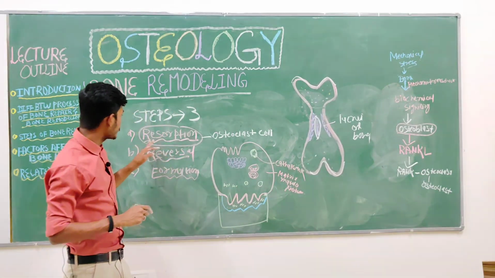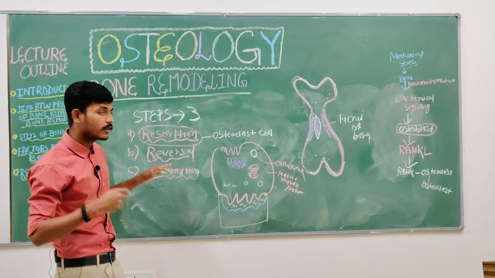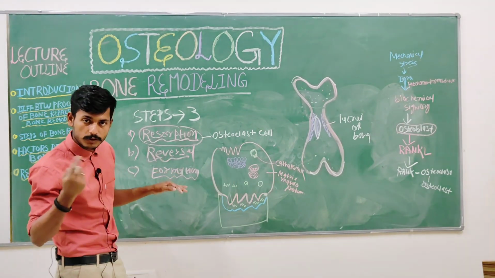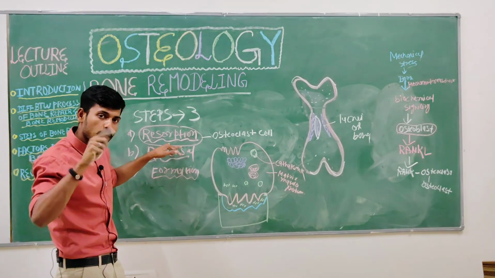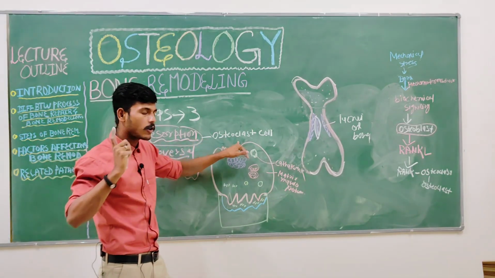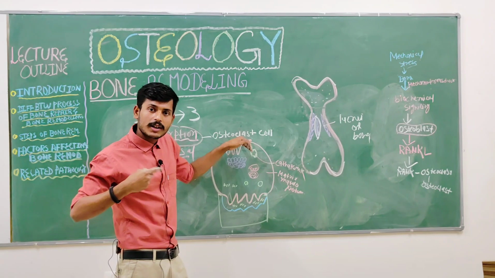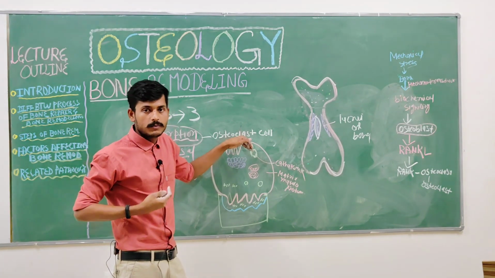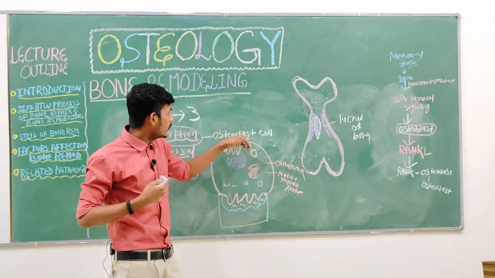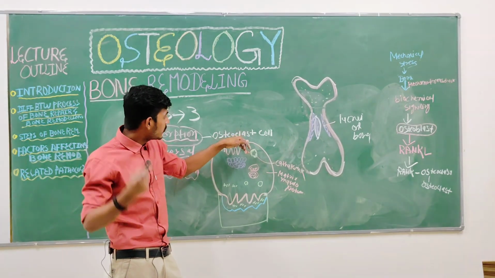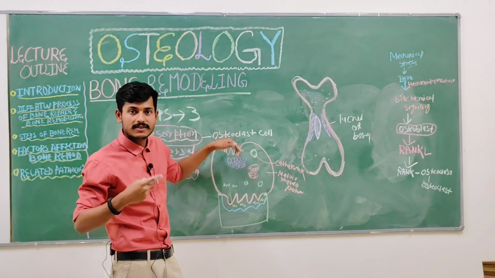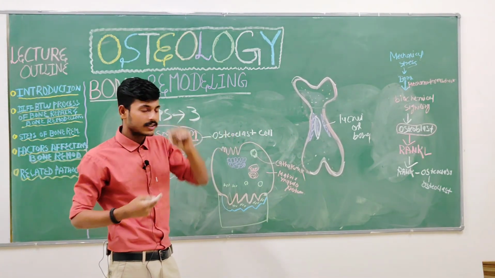The first step is called reabsorption, the second is called the reversal process, and the third is called the bone forming process. In the reabsorption process there is involvement of osteoclast, but there is a question we put: how will osteoclast know they have to reabsorb the bone, and how will osteoclast reabsorb the bone? These are the 2 questions.